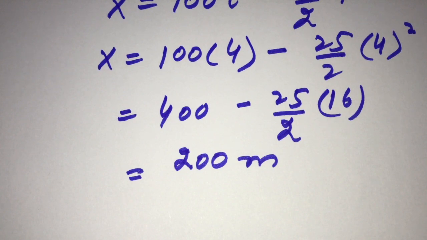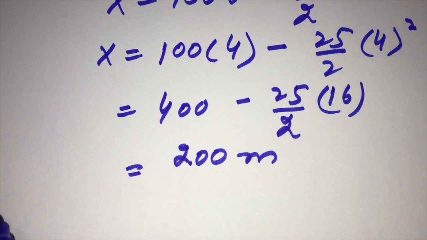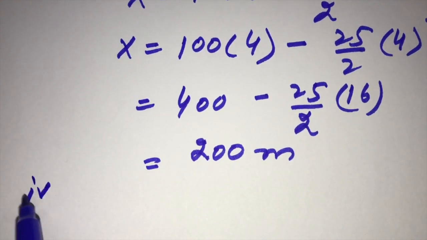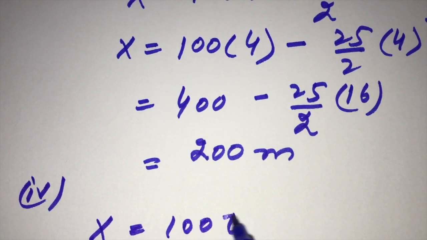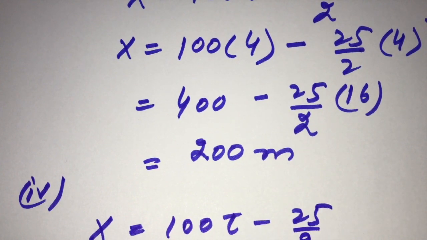So in our displacement equation, x is equal to 100t minus 25 by 2 t square.